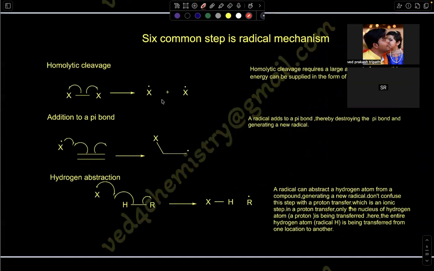So, 6 common steps in radical mechanism. These are the 6 most common steps. The very first one is a homolytic cleavage of X2. This is X2 basically. So half here, so you have both the radicals. Second one is addition to a pi bond, meaning we are going to add X over the pi bond.